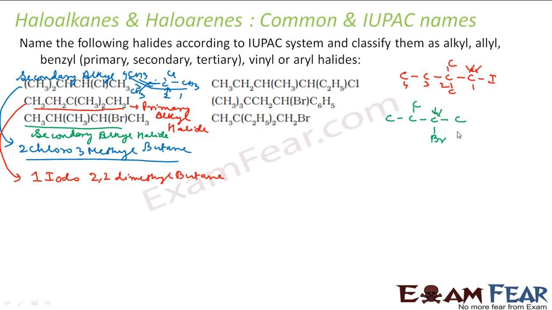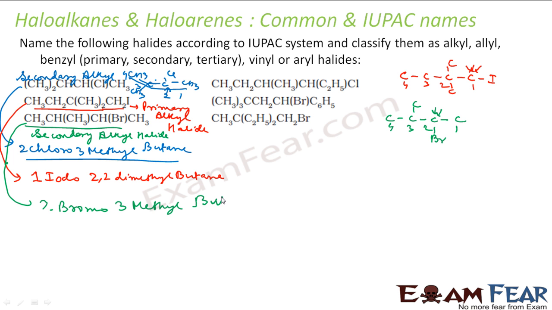Now let's write the name of this. We'll number it 1, 2, 3, 4. So it will be what? 2-bromo. Let me write in green this name. 2-bromo, 3-methyl. Third I have a methyl group. And then 4 carbon in the longest chain.